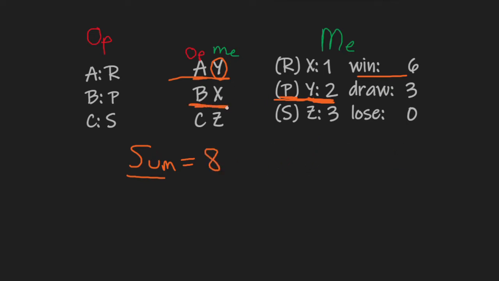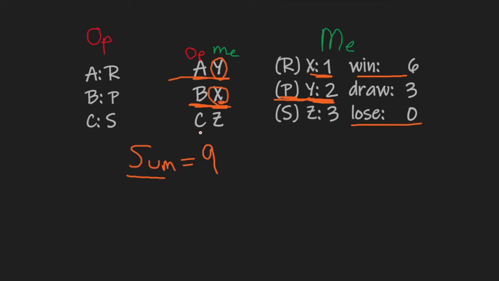For this one here, our opponent plays paper. We play rock, so we're going to lose. Paper beats rock. So we get 0 plus, since we choose rock, X, we're going to add 1. So 0 plus 1, and our sum will now be 9.